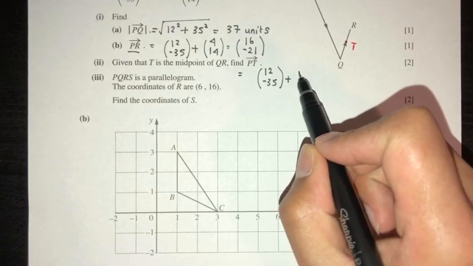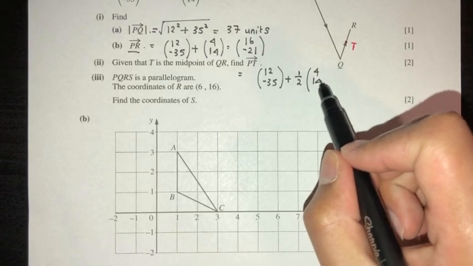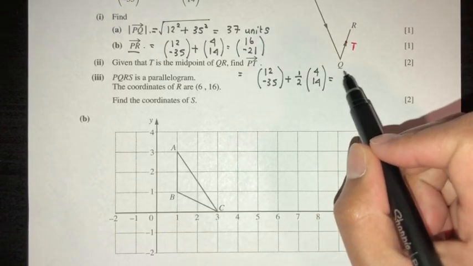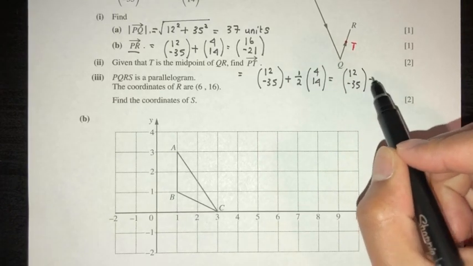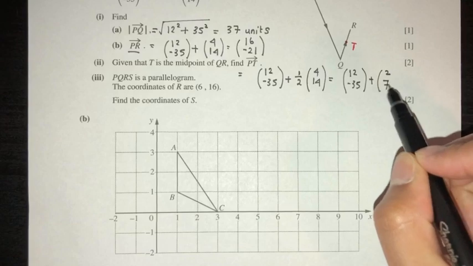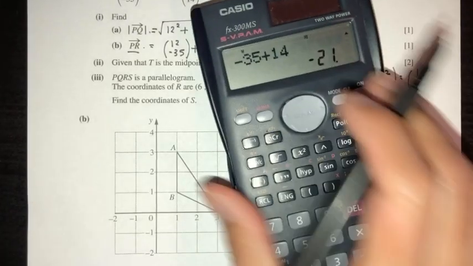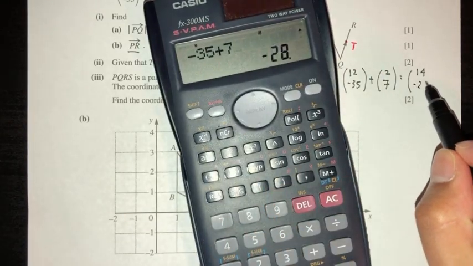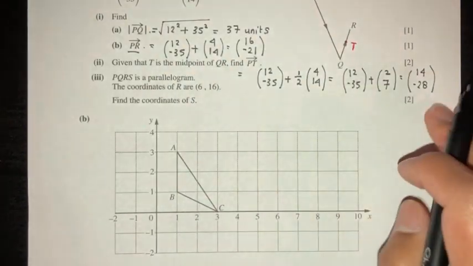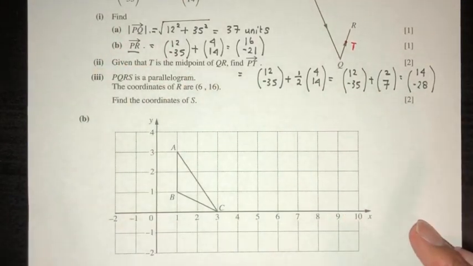Then QT is just half of QR. QR is (4, 14), so half is (2, 7). That will be (12, -35) plus (2, 7), that should be 14 over. So minus 35 plus 7 is minus 28. So your answer for this part is (14, -28).